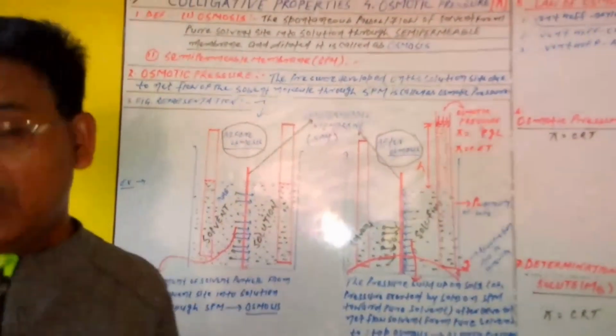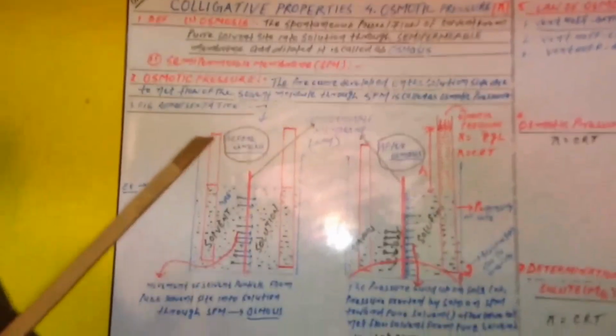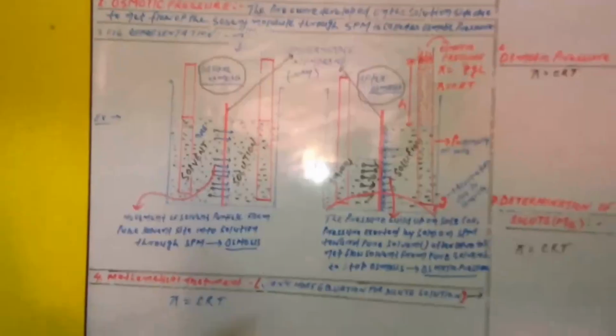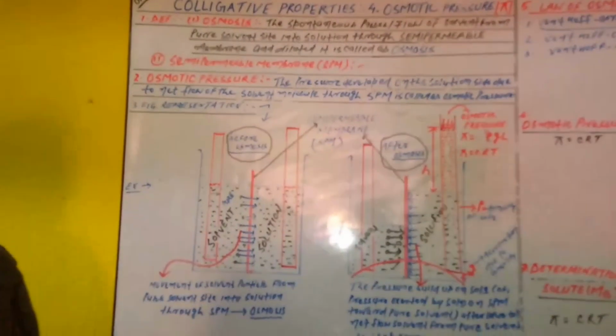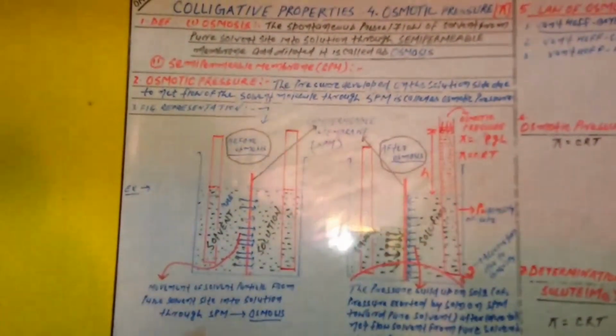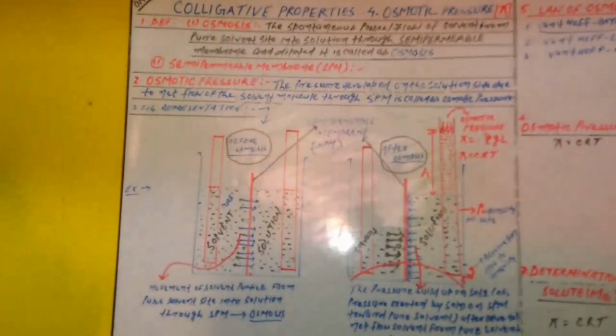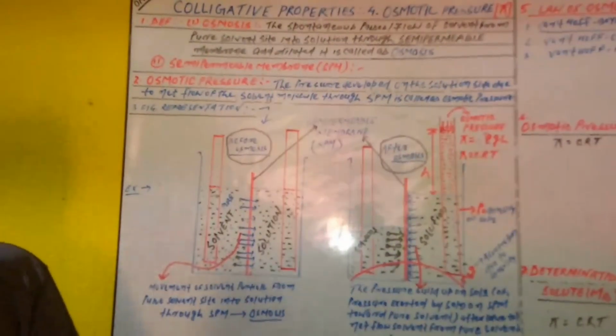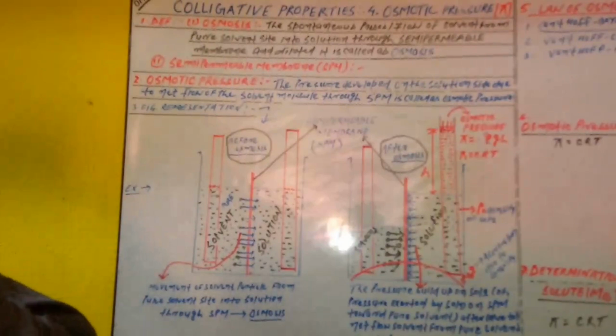Another definition is also present. The excess pressure that must be applied to a solution to stop the passage of solvent molecules through a semi-permeable membrane into the solution, that means to prevent osmosis, is given the name osmotic pressure.